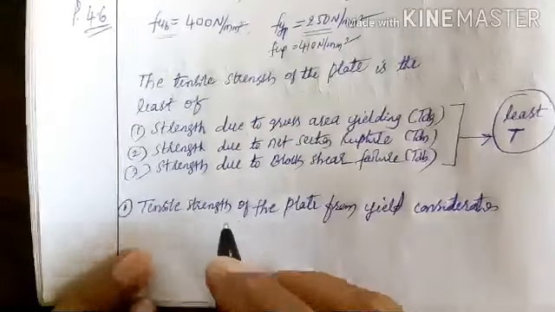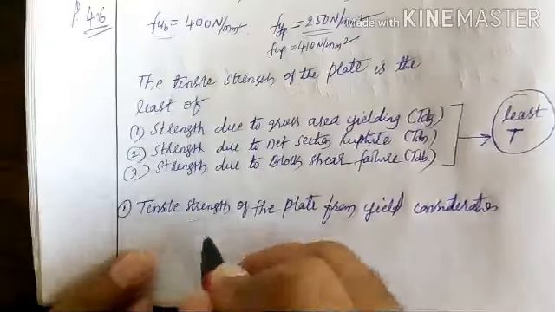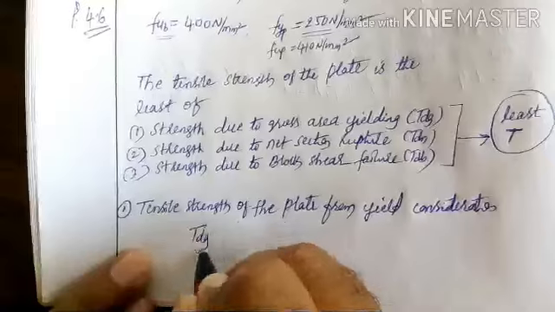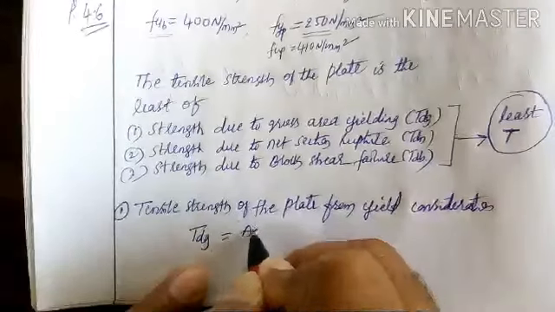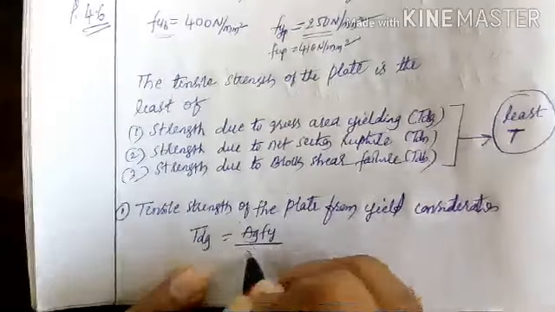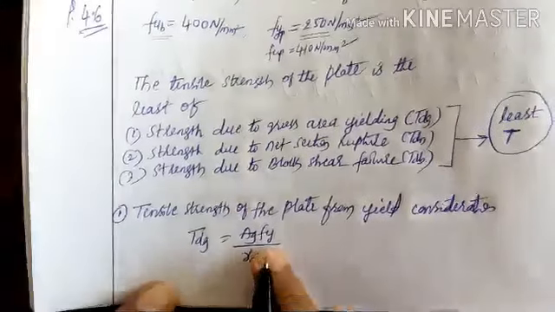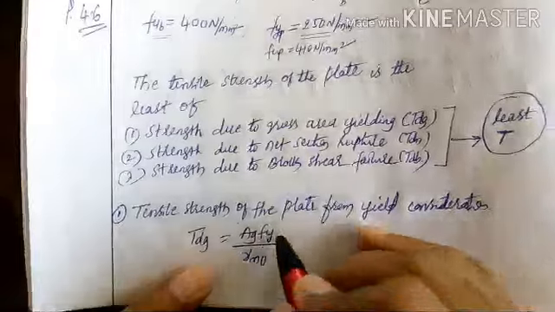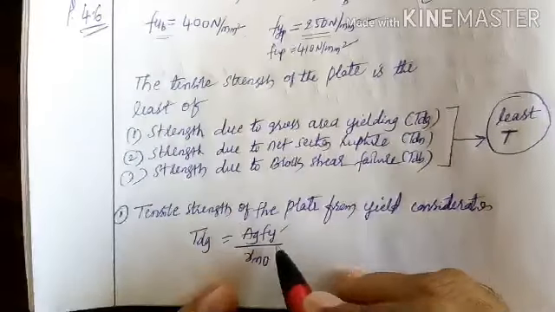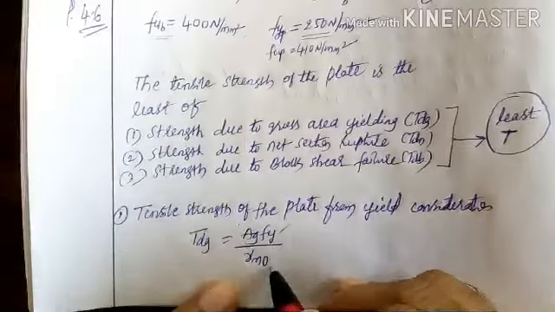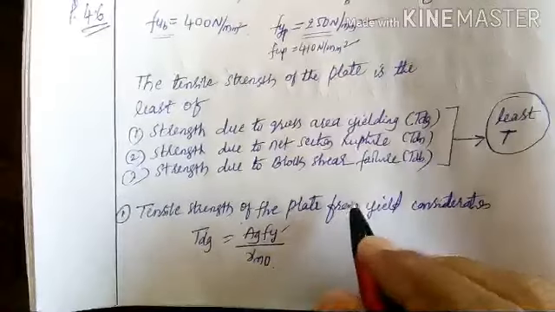So we have a formula for that one. TDG is equal to AG Fy divided by gamma M0, where AG is the gross area of the plate, Fy is the yield stress of the plate material, and gamma M0 is the partial safety factor.